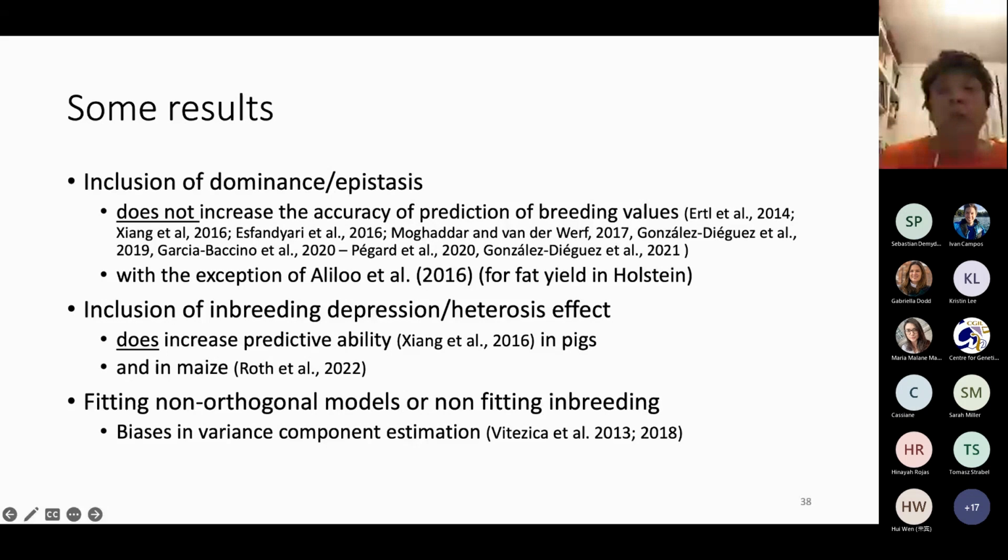We found that in pigs, and recently Roth found that also in maize, which is interesting. Another thing is that fitting non-orthogonal models, or not fitting inbreeding, biases variance component estimation. I will show you some results about that.